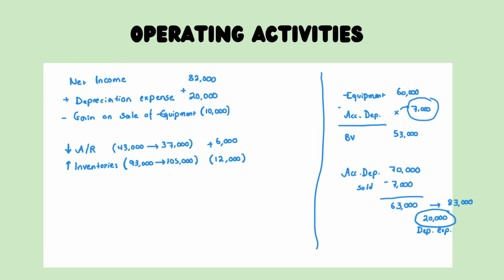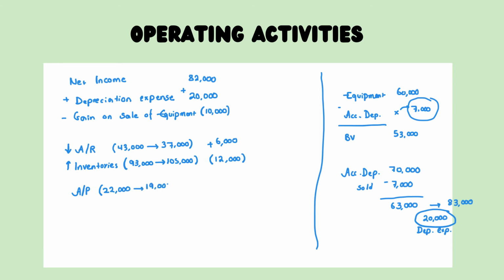Now let's go to the liabilities section. We have accounts payable and notes payable. Okay, accounts payable is a current liability. So let's see what's the change on accounts payable. Last year it was 22,000. Now it's 19,000.